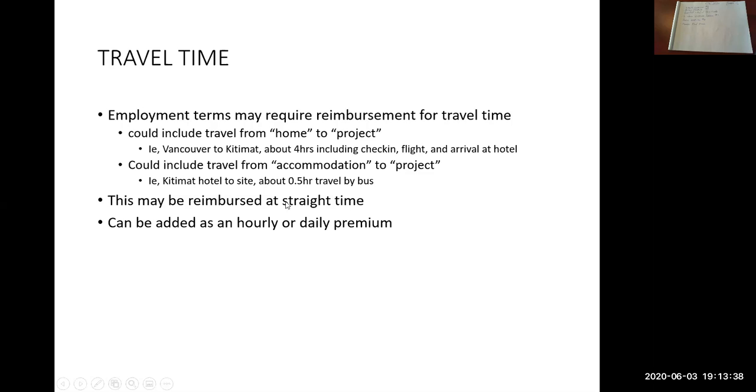This is normally reimbursed at straight time. The travel time can be added to their hourly rate, or they're given a daily premium each day. They have a travel time premium.